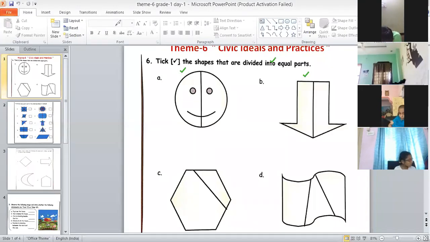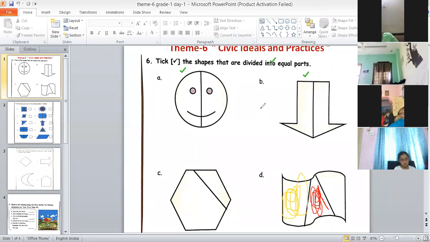Hayati, now look at the fourth shape carefully. 3 lines are there. Now tell me, are these... Okay, first I'll color this just to explain to you. This portion, 2 lines are there and these 2 lines are dividing the shape into 3 parts. Right, children?